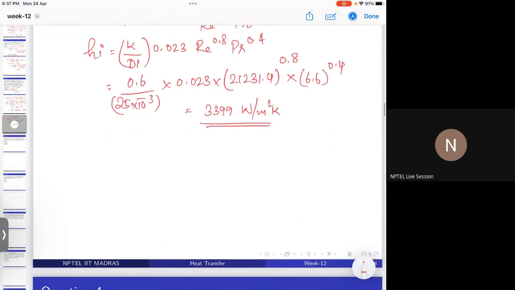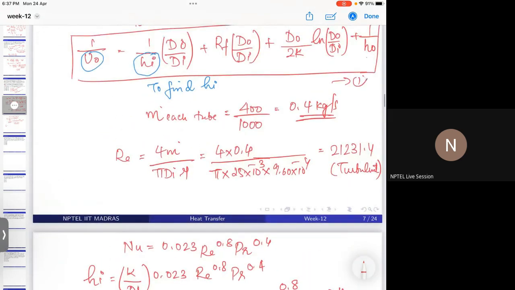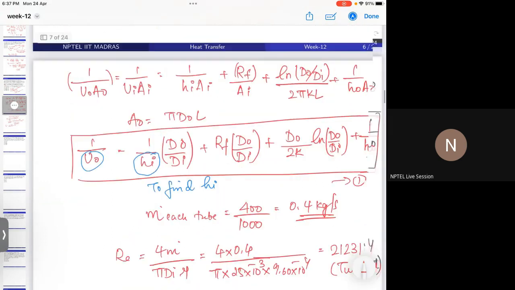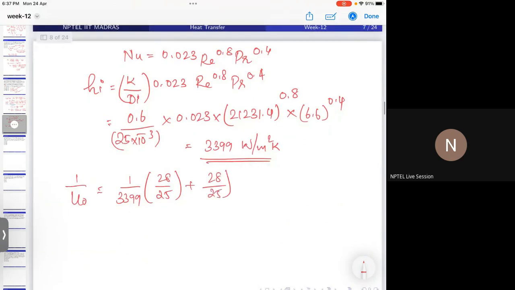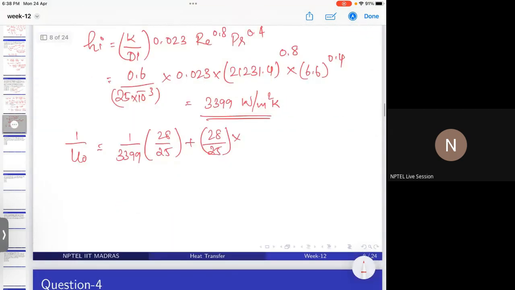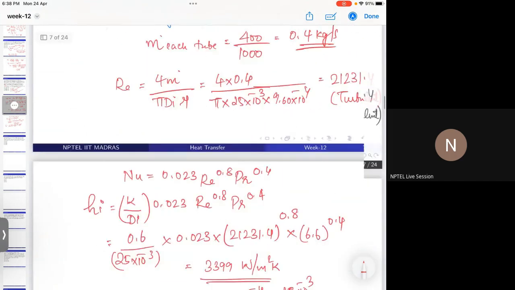So now just substitute into equation number one. 1 over 3399 into Do minus Di, plus Do by Di, what is Rf? 10 raised to minus 4, plus Do by 2K.